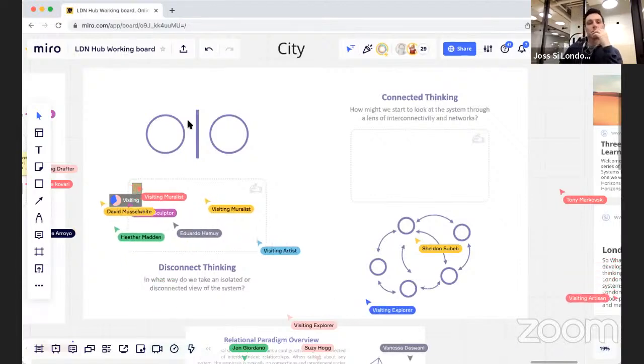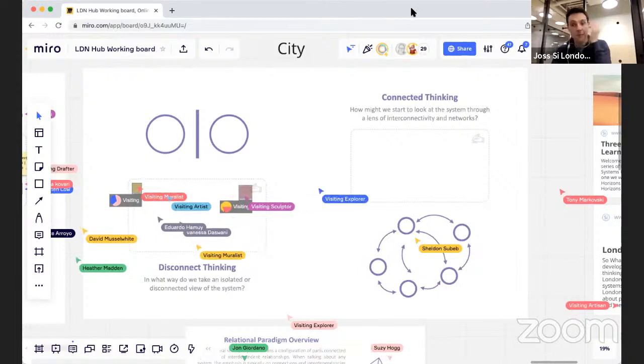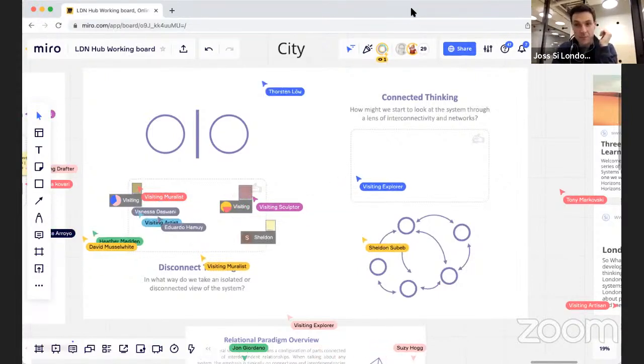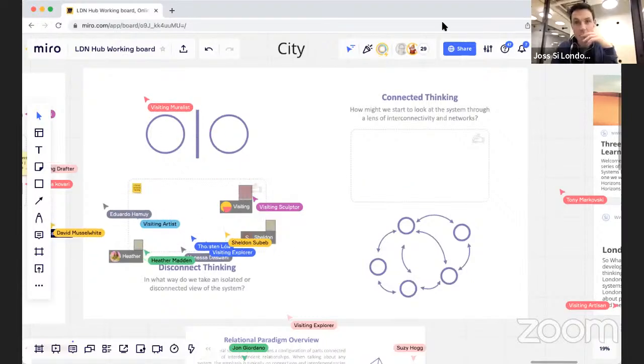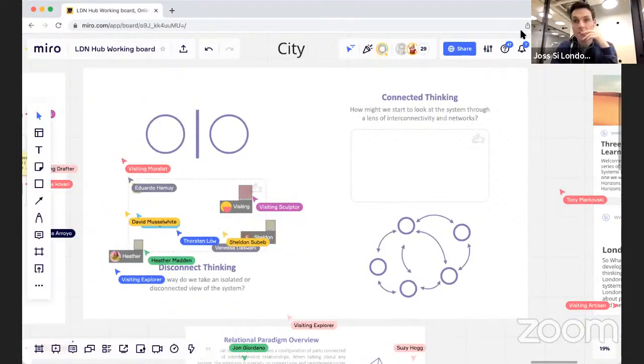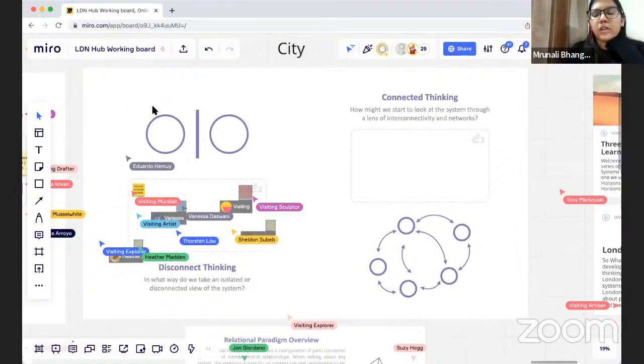We just have one more question. Yes? Yep. So the question says, we've been looking at different ways of thinking: the holistic, the reductionist, emergence, linear, non-linear, and the fourth one we're on right now, connected versus disconnected. So when someone is actually working on a real project, is this the order to be followed?